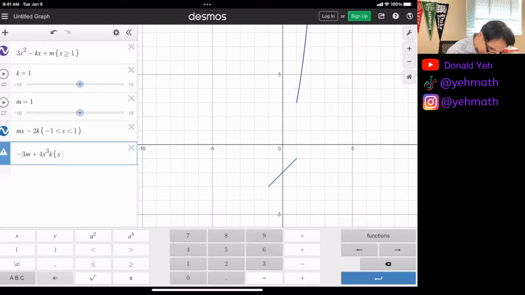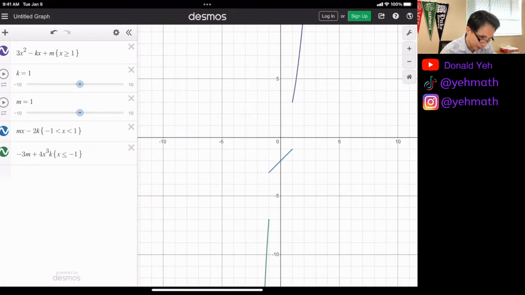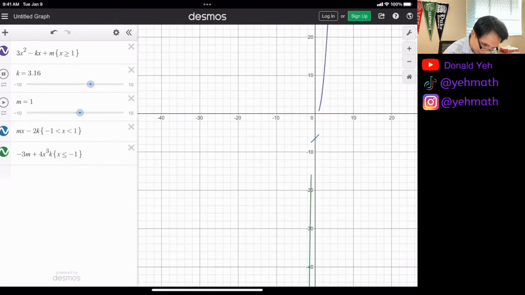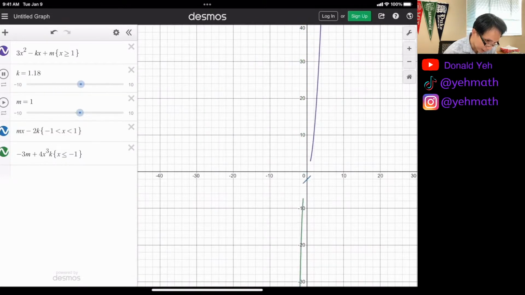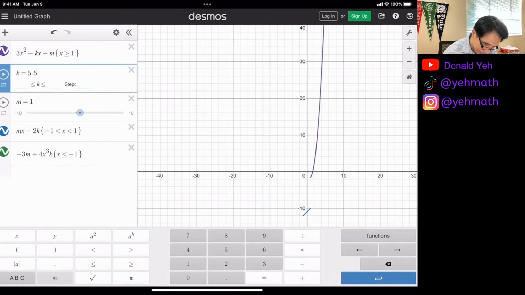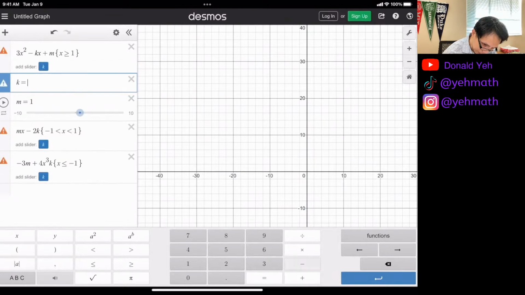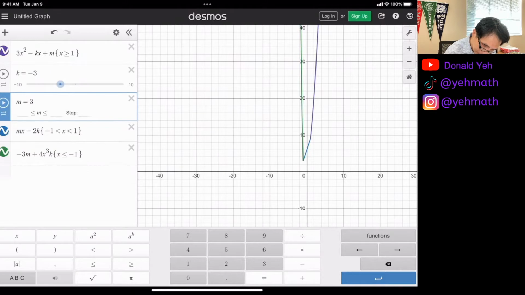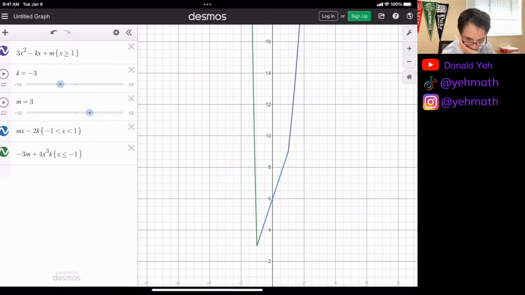Okay, so obviously you see these three lines are not connected, and if you play with these values, there's only one possible way they can be connected. So we figured out k is equal to what? Negative 3, and m is equal to 3, right? And you see this? That's how you check your answers, to see if it's continuous.